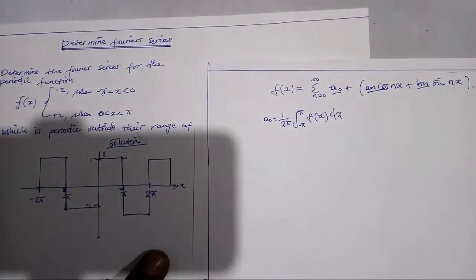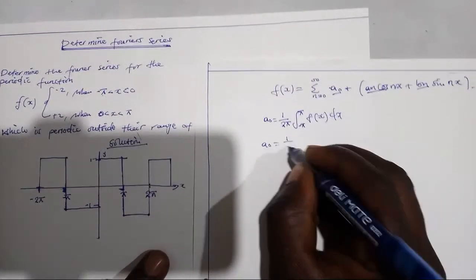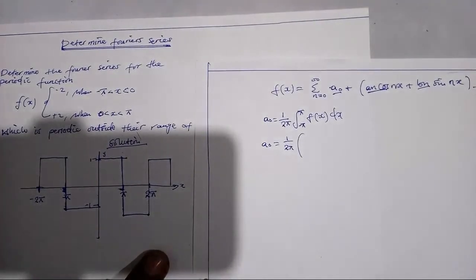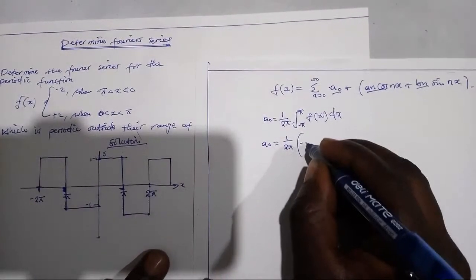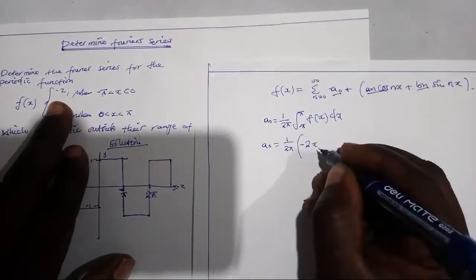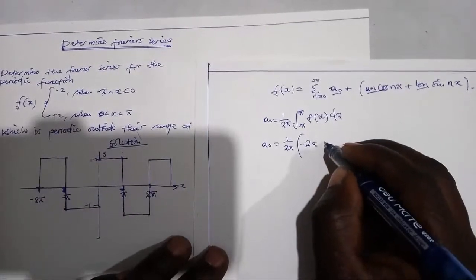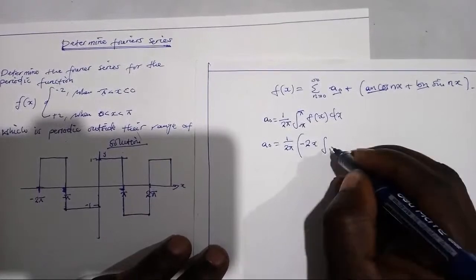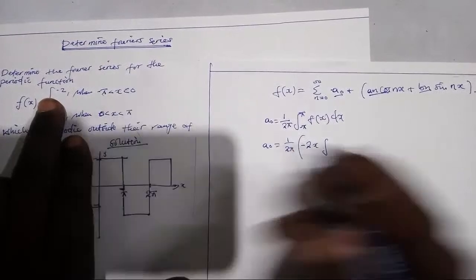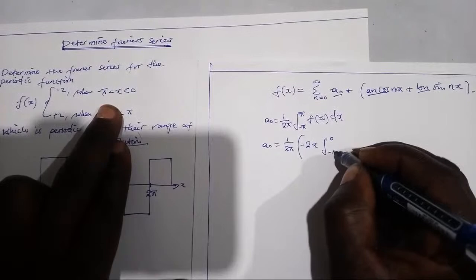So we start with a sub 0 equals 1 over 2 pi, open bracket, minus 2. When you integrate -2, you're going to have -2x. The integral is where there is -2, we use this range: the upper limit is 0, and the lower limit is minus pi.